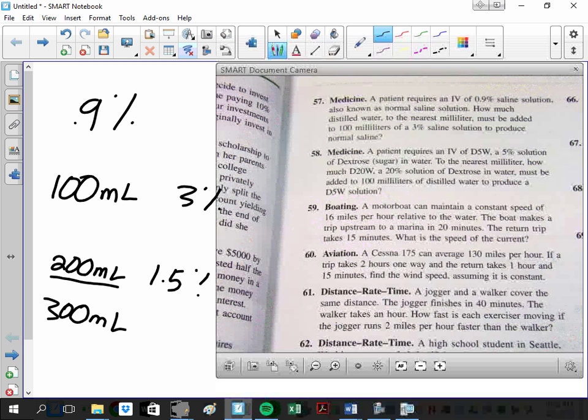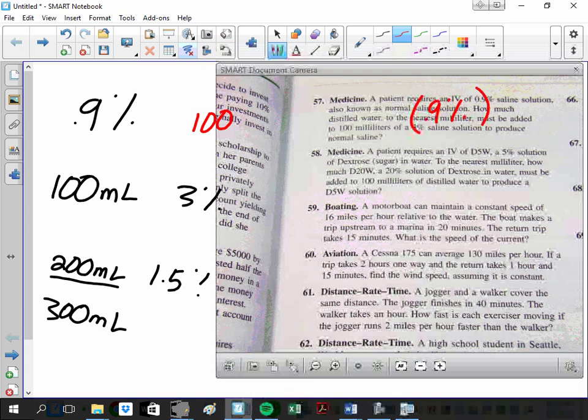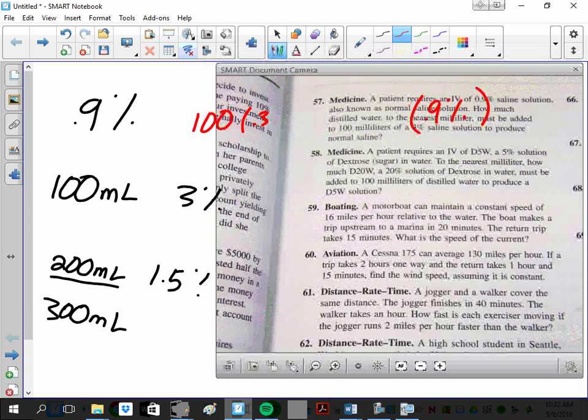Okay? So, I want my total value to be 0.9%, but I don't know how much total there will be. I know I'm starting with 100 milliliters that has a concentration of 0.3. What am I going to add to that?